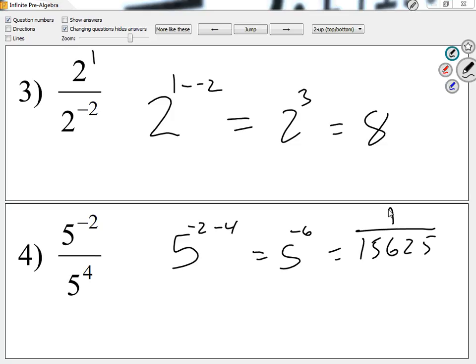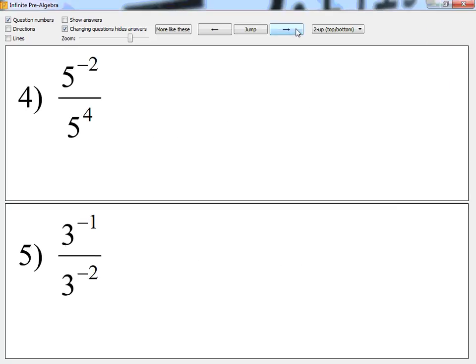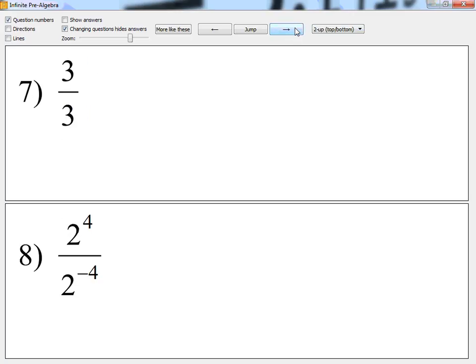That's all they do. So we end up getting a negative exponent, we put it at the bottom. Alright, so that's not that bad.